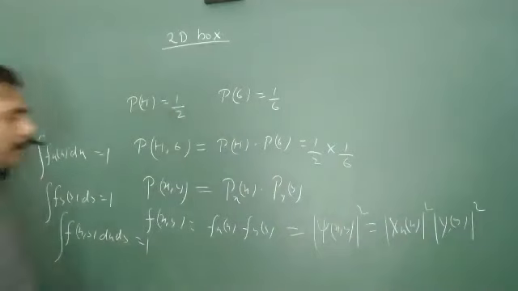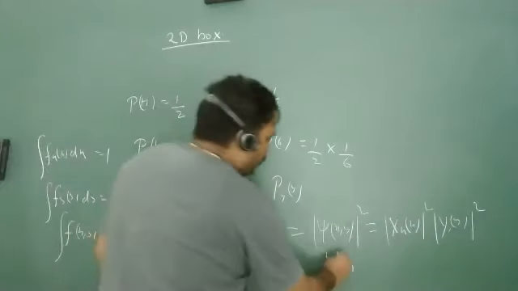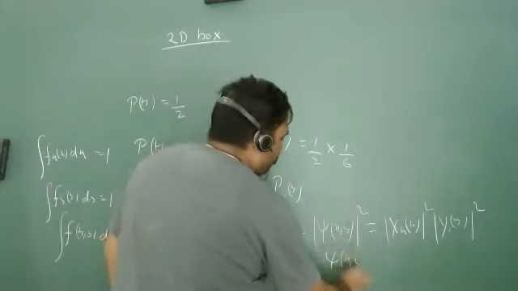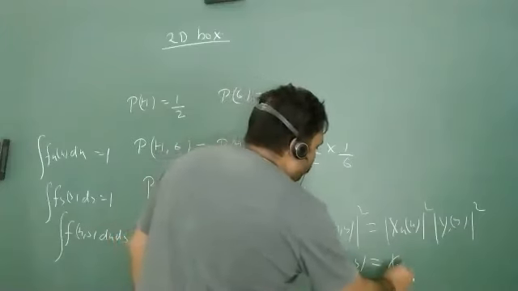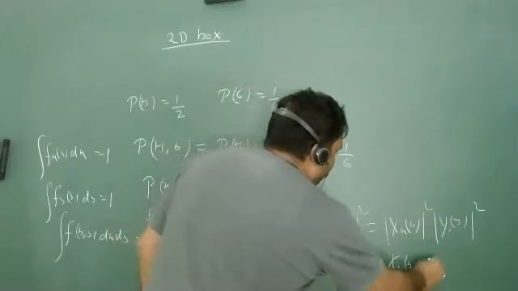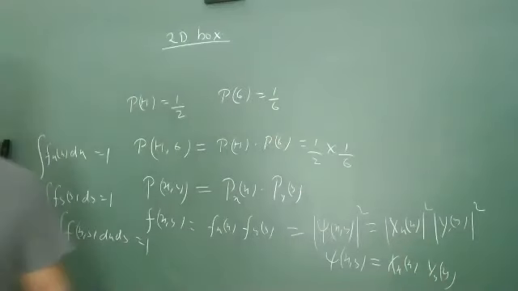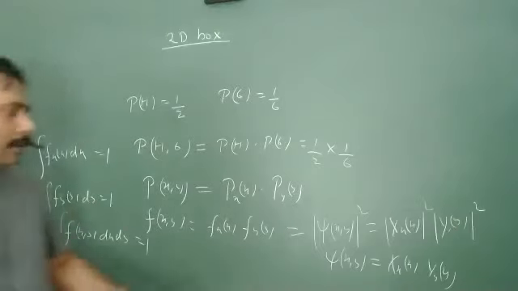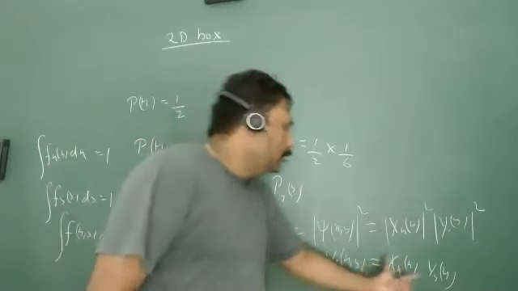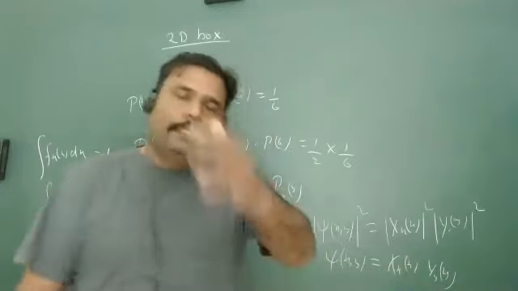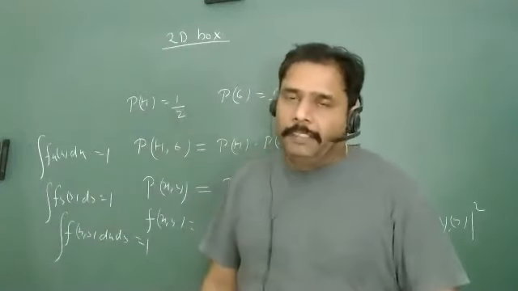So you can easily see that the wave function ψ(x,y) will be directly multiplied by the independent wave functions. This is the rule: the total wave function is nothing but the direct product, and you have done it also in the partial differential equation.